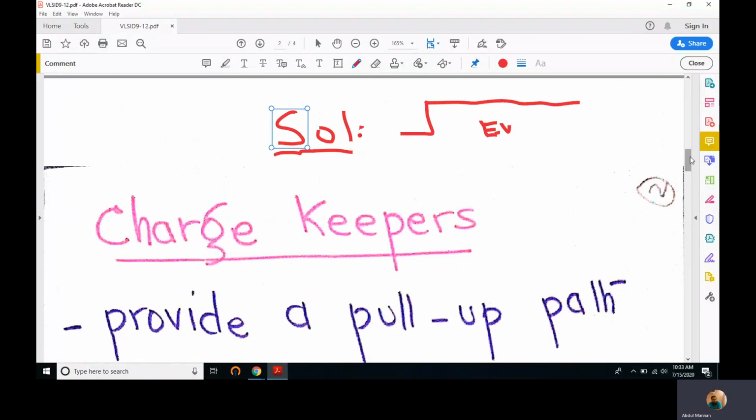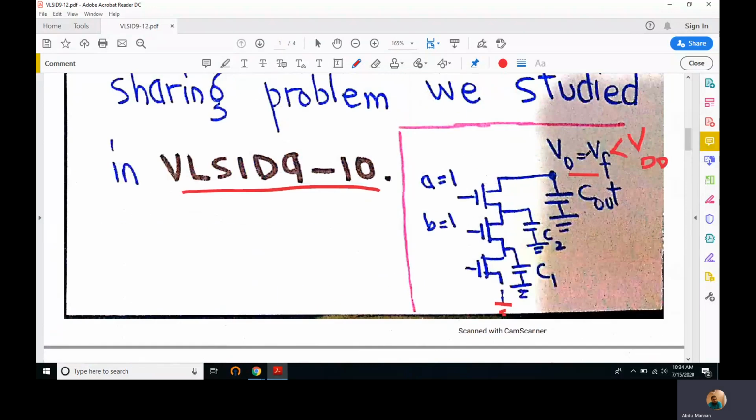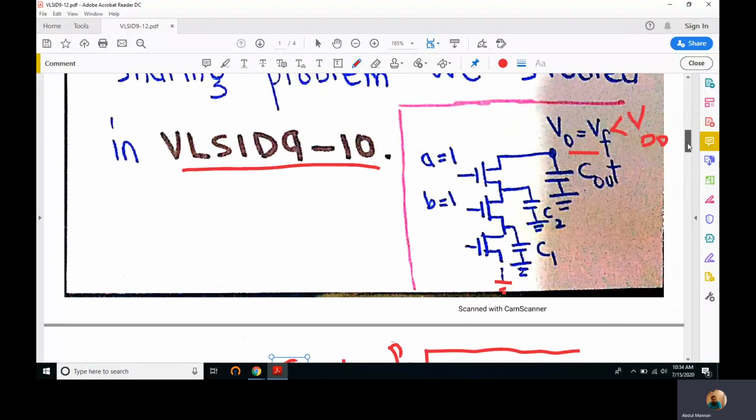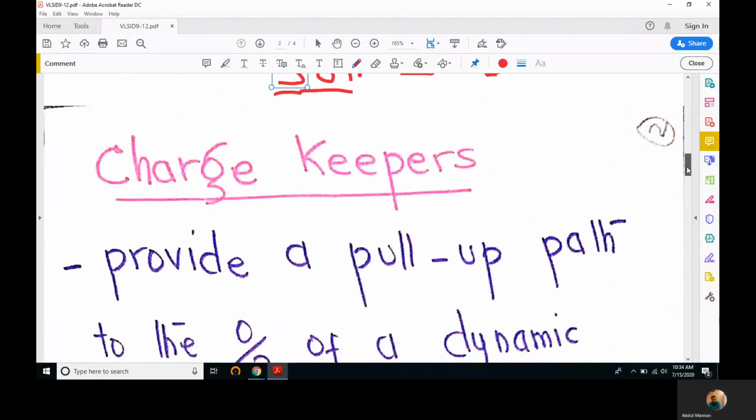If the output is at VDD, it remains at VDD. It should not be discharged. The capacitance should not be discharged, and the voltage should not drop to a value lesser than VDD. So how can we avoid the charge sharing problem?